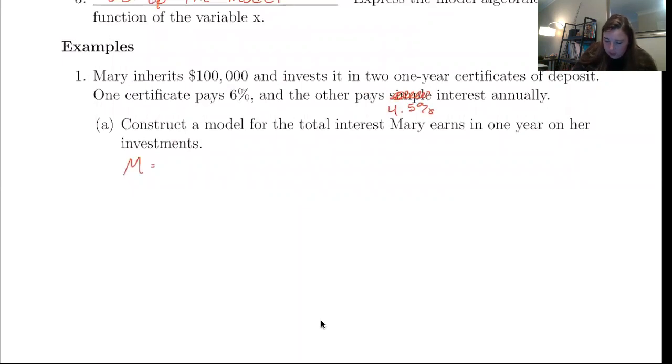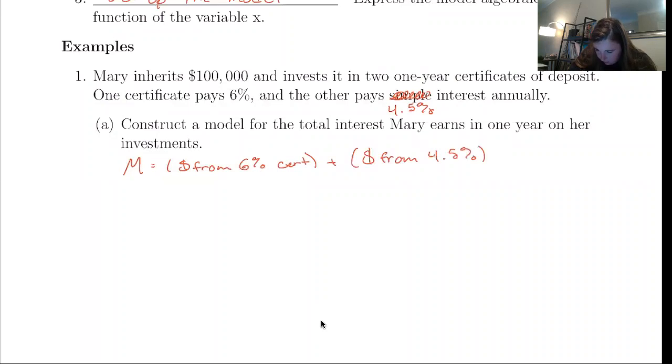So she's going to have money from the 6% cert plus the money that she has from the 4.5% cert. Oops. And we'll talk about how to figure out the percentage thing in a second.